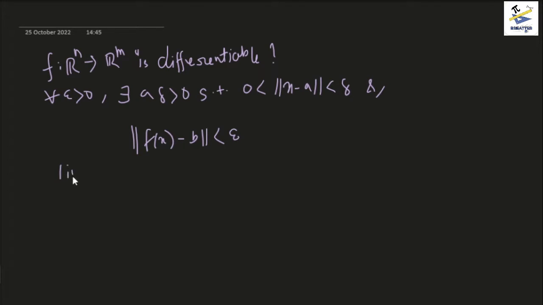This would imply that limit x tends to a, f of x equals b, right? Now, this is how we used to define things. Obviously here x belongs to R^n, a belongs to R^n, while b belongs to R^m. Okay.